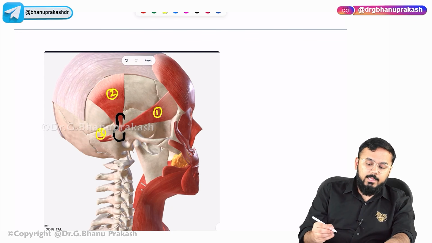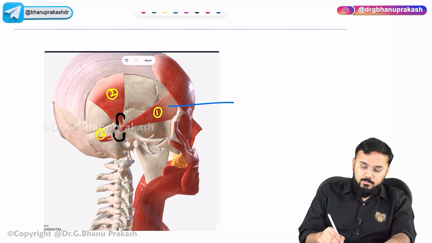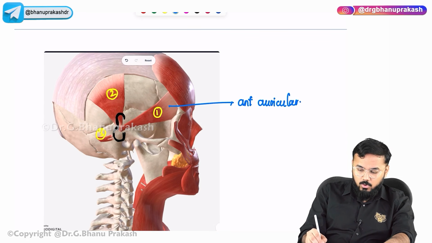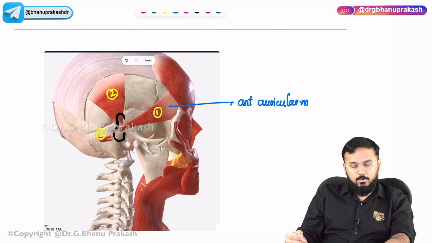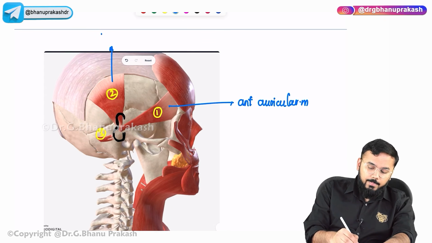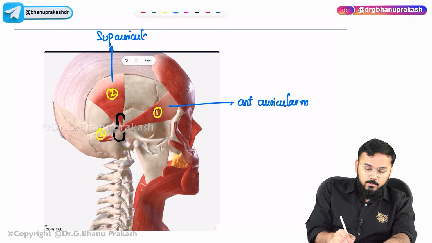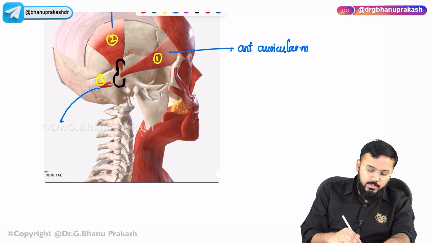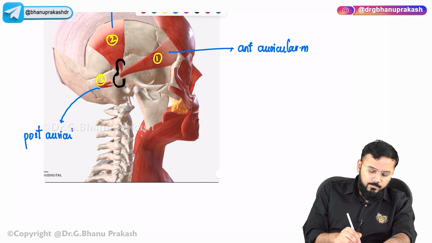So what are the names of these three important muscles? This muscle over here is called the anterior auricular muscle, because it is attached to the ear. Next, this is called the superior auricular muscle, and next this one over here is called the posterior auricular muscle.